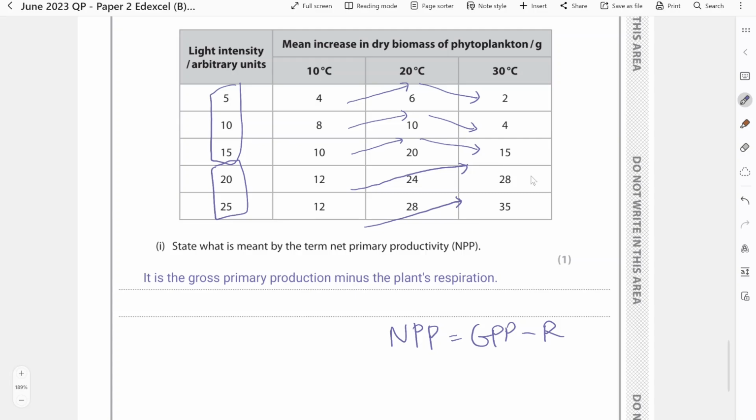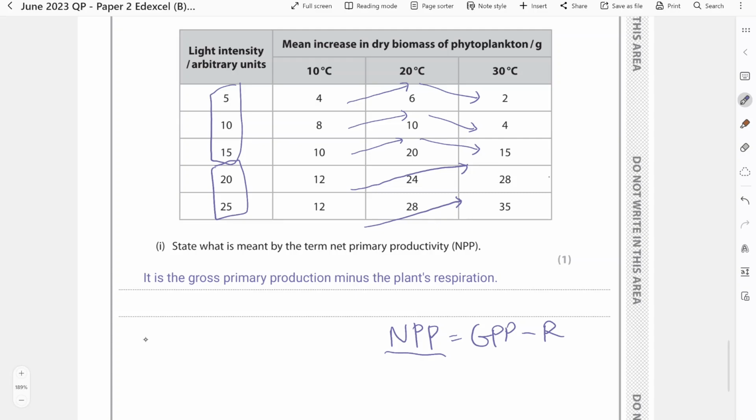If there's more respiration occurring, which happens when the temperature is greater, then there is a decrease in net primary productivity. Therefore, less energy would be available for the primary consumers and the secondary consumers, and therefore the tertiary consumers. So less energy is available for the whole food chain.